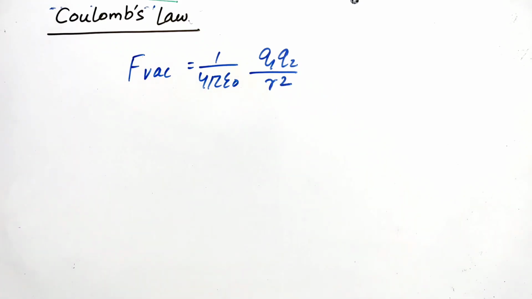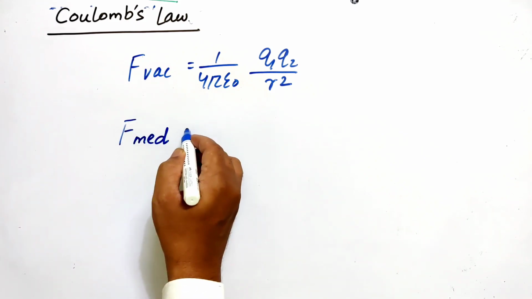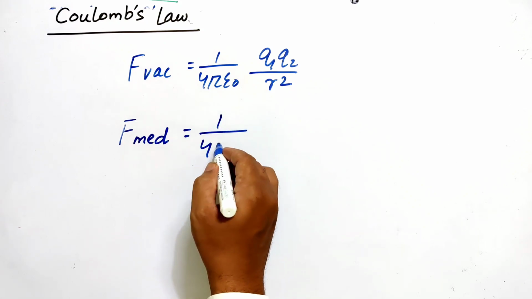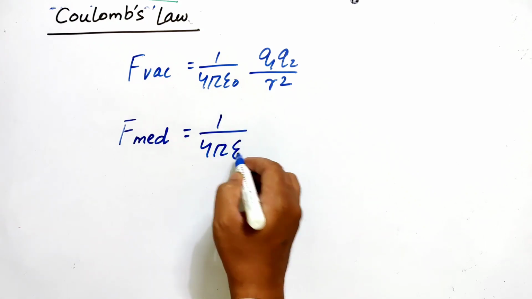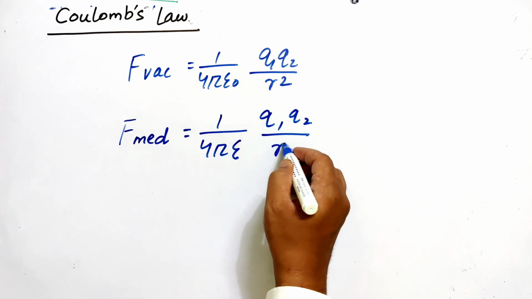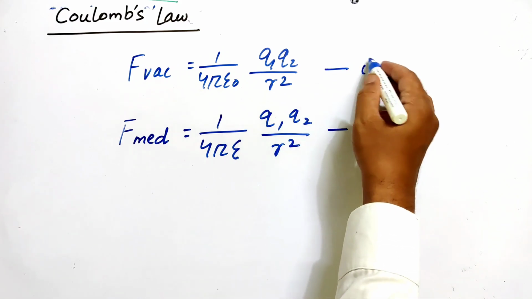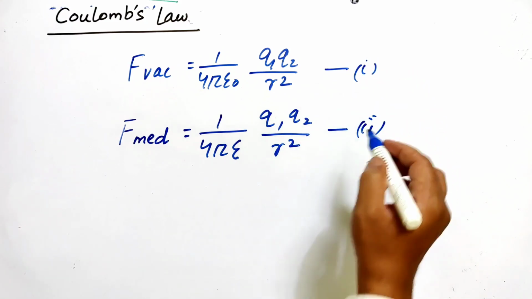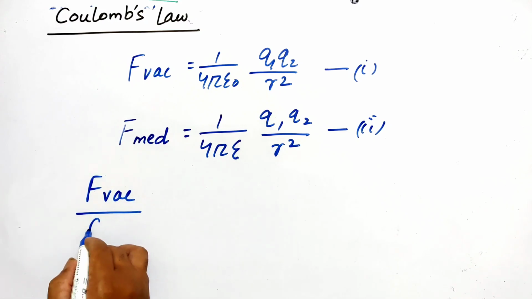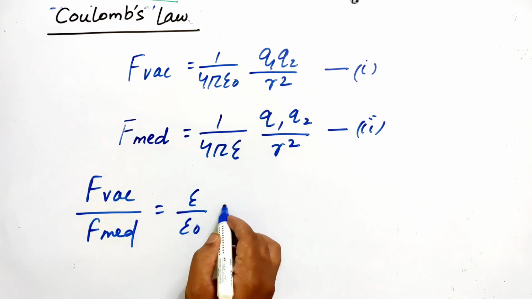Now if the charged particles are present in a medium instead of vacuum, we substitute epsilon naught with epsilon, so the force is 1 by 4 pi epsilon into Q1 into Q2 upon r square. Now you can simply divide these two equations, and we get the formula F vacuum by F medium equal to epsilon by epsilon naught.